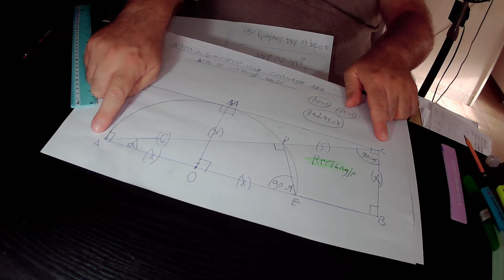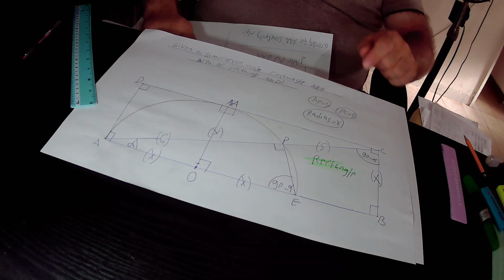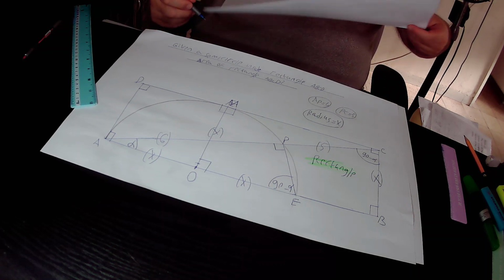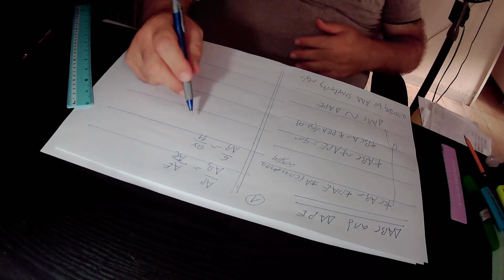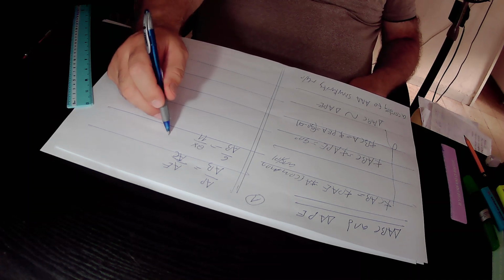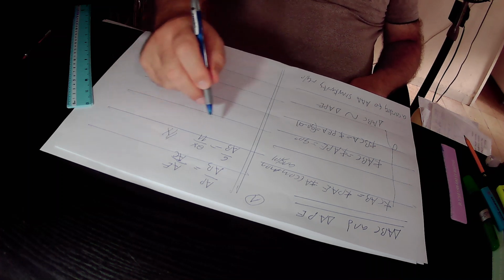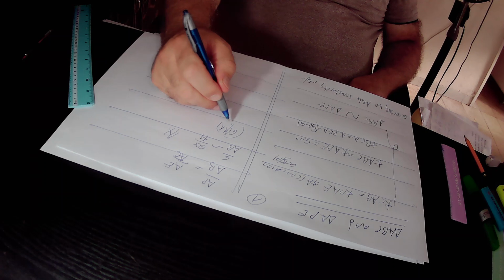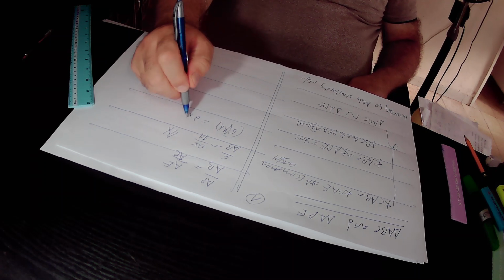AC in total equals 6 plus 5, that is 11. So in total we find that 6 over AB equals 2x over 11. Here we will cross multiply this equation, and we get that 6 times 11 is equal to 2x times AB.